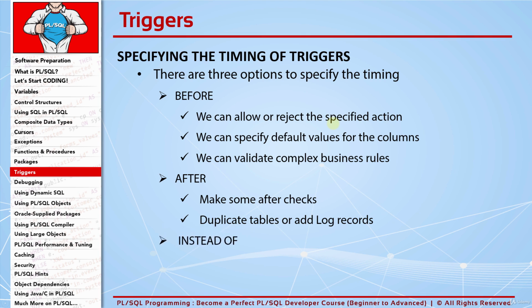And instead of. If we specify our trigger as an instead of trigger, this time our trigger will be executed instead of the specified triggering event. So you can say that if some update happens on this table or view, do not make that update. Instead, run this trigger. So you prevent the update, but do something within your trigger.